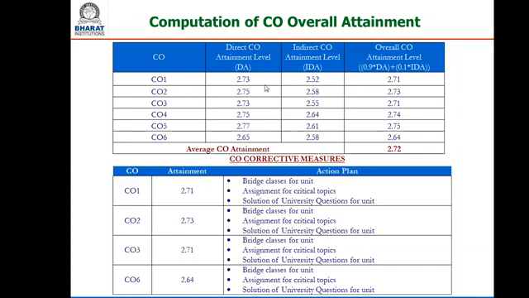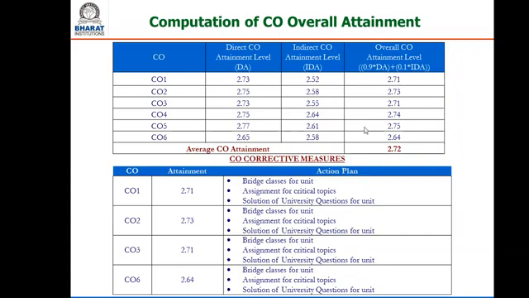Now you can see CO1, this is the direct attainment value, then CO1 indirect attainment value. You can substitute these values in this formula, that is 0.9 into 2.73 plus 0.1 into 2.52, then you will get 2.7. Like CO2, CO3, CO4, CO5, CO6.